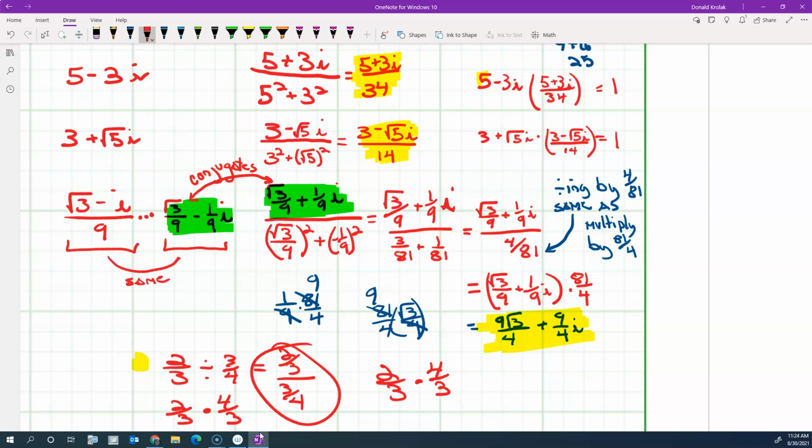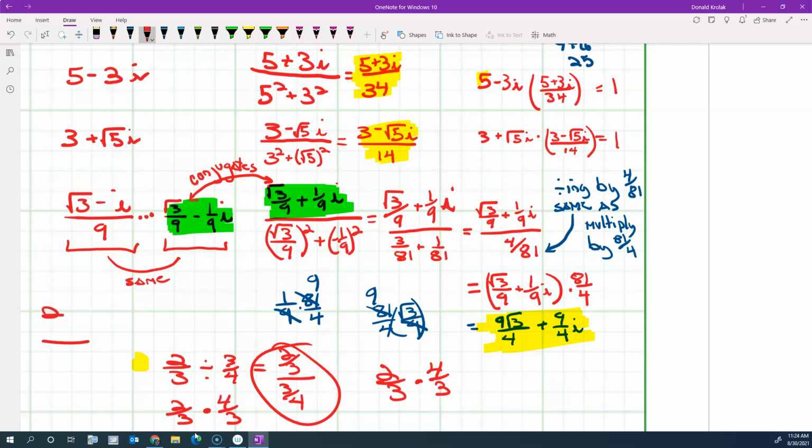Why am I dividing? Right here? Oh, leave it like this? Typically you don't leave fractions in a denominator, so you just rewrite it. This is like a complex fraction.